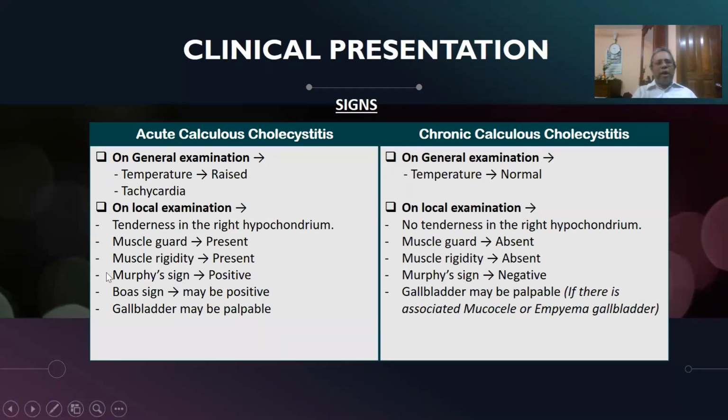And if you examine Murphy's sign, you make constant pressure with the tip of the index finger and ask the patient to take a deep breath. The deep breath causes contraction of the diaphragm and movement of the gallbladder and the liver from up to down, and that downward movement directly hits the gallbladder fundus.